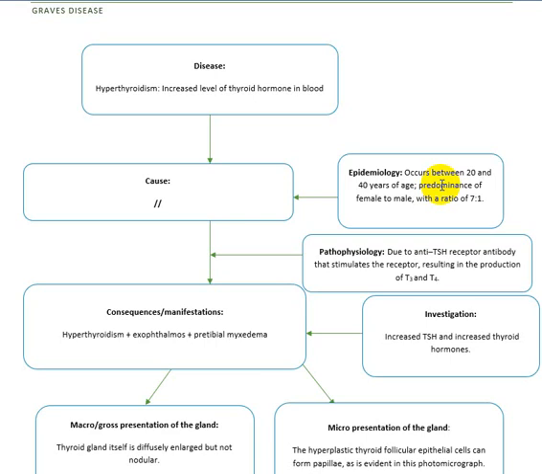So they are going to occur in pair. So you can think here about the epidemiology, because we said also in prolactinoma that it occurs between 20 to 40 years of age and with female predominance, but there with a ratio of 7:1.